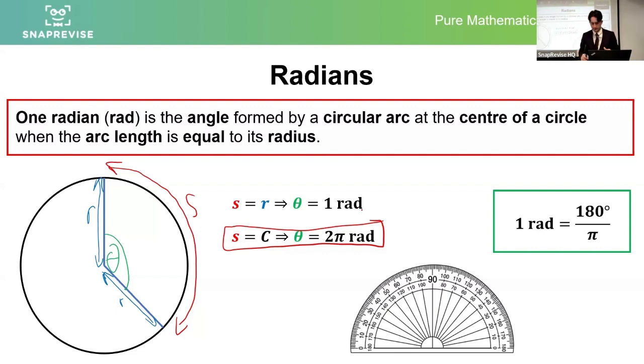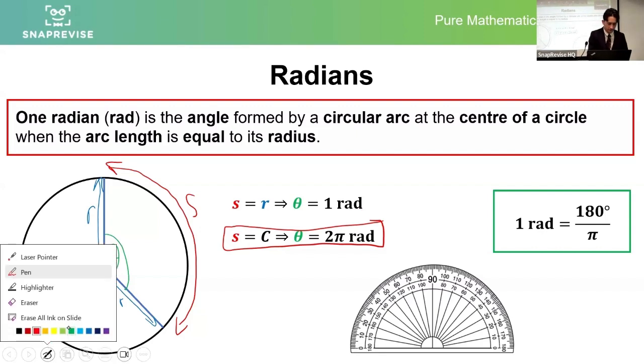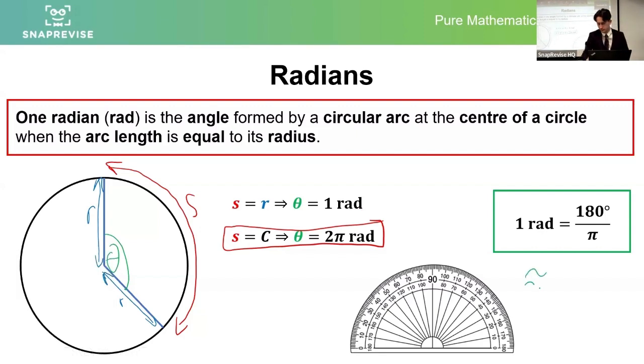So 1 radian itself, if you were to convert it from degrees, is approximately 57.3 degrees. Almost 60 degrees. So a radian is about that much. It's the angle so that this would also be equal to this, would be equal to this. It's the true way of defining an angle.